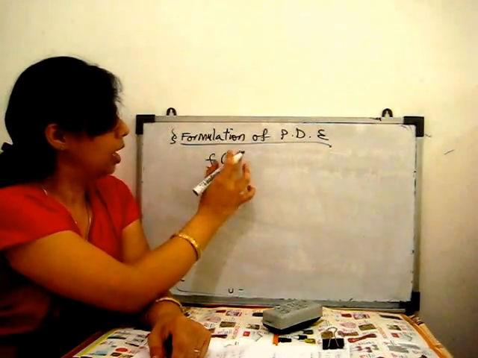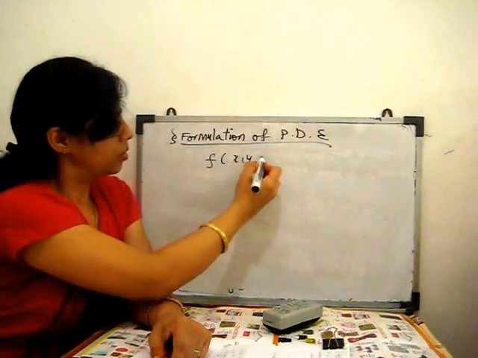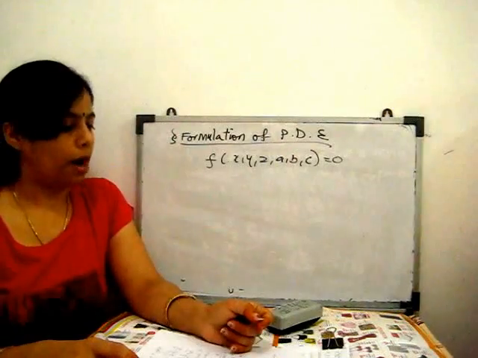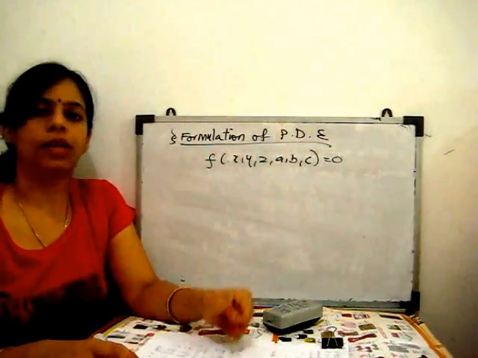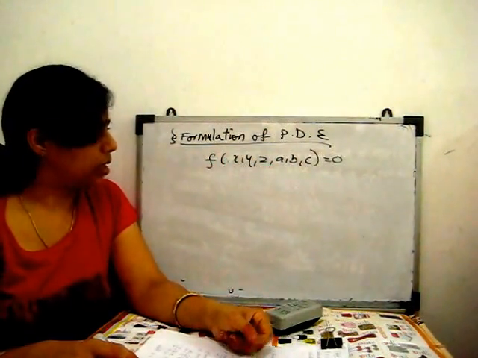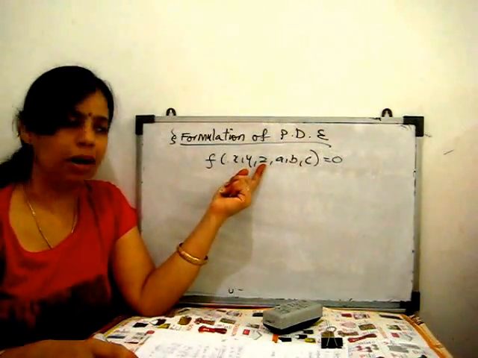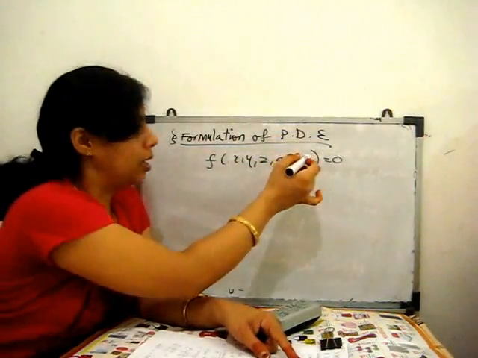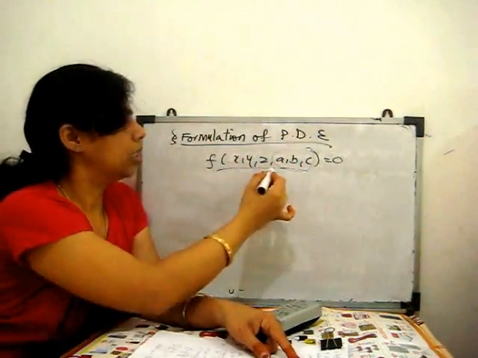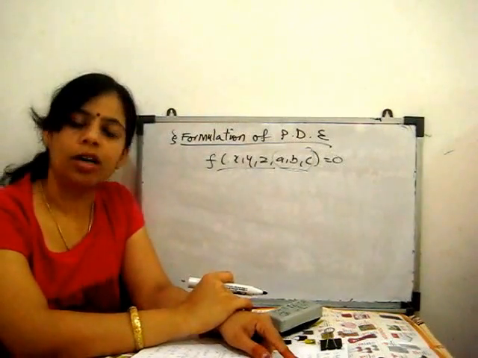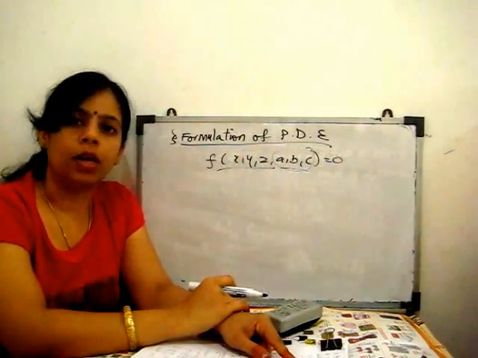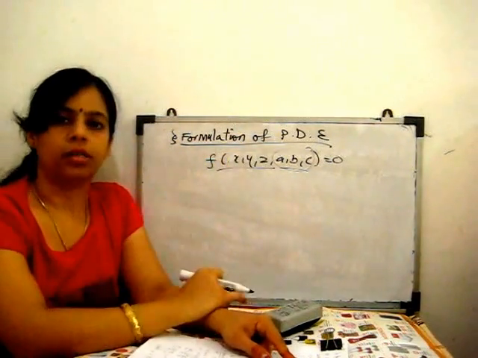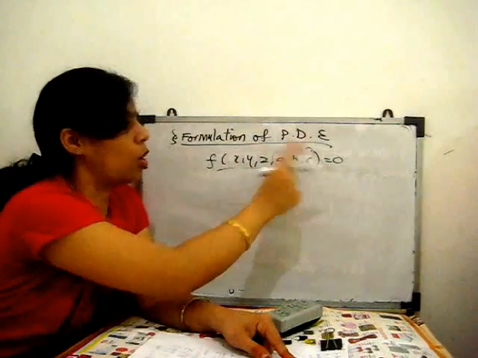If our function is f(x, y, z, a, b, c) equal to 0, where x, y are the independent variables, z is the dependent variable, and a, b, c are all constants. What we can do is remove these constants from this equation by differentiating. Whatever the final result after removing them, that is called the partial differential equation of the given function. It means our aim is to remove all the constants.